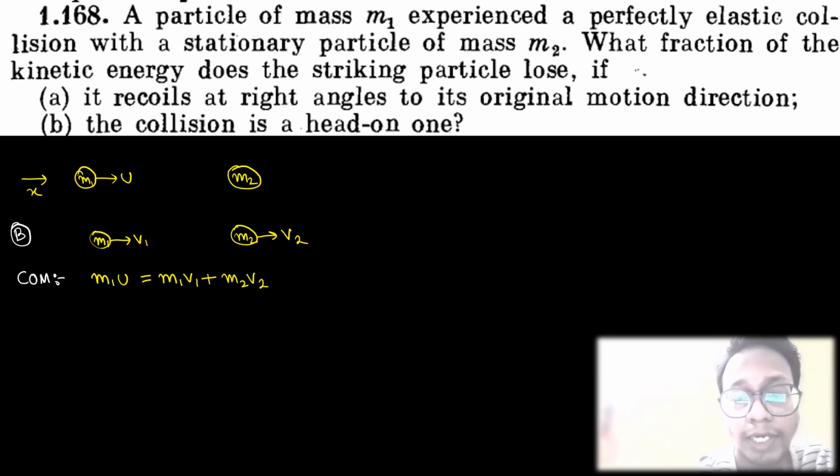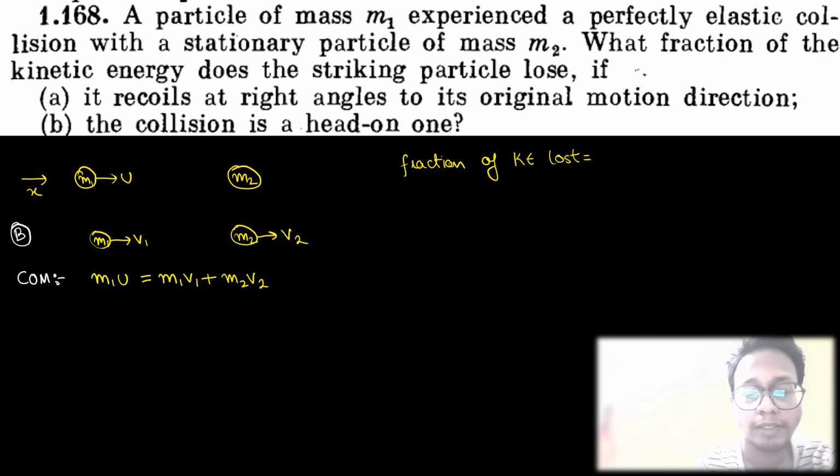And what do you have to find out? Fraction of kinetic energy lost. If I calculate, it is nothing but initial kinetic energy of m1 minus final kinetic energy of m1, divided by total initial kinetic energy of m1, which would come as 1 minus v1 square by u square.